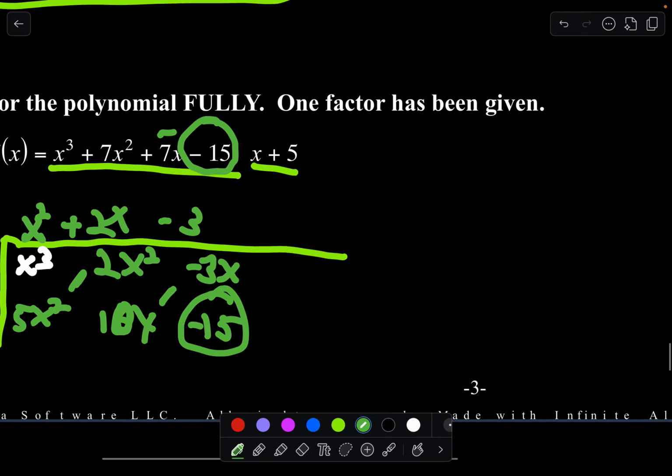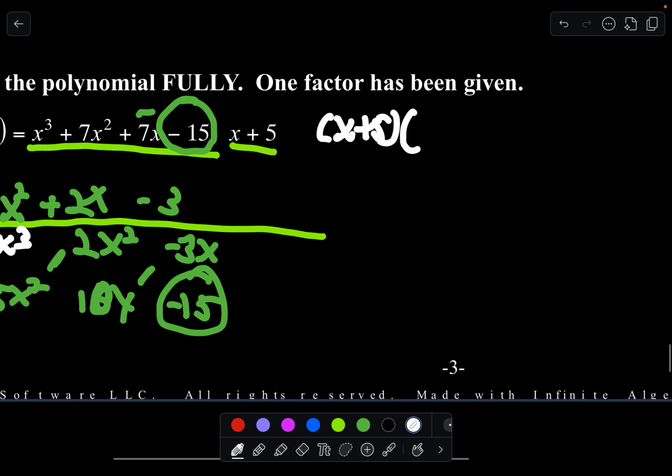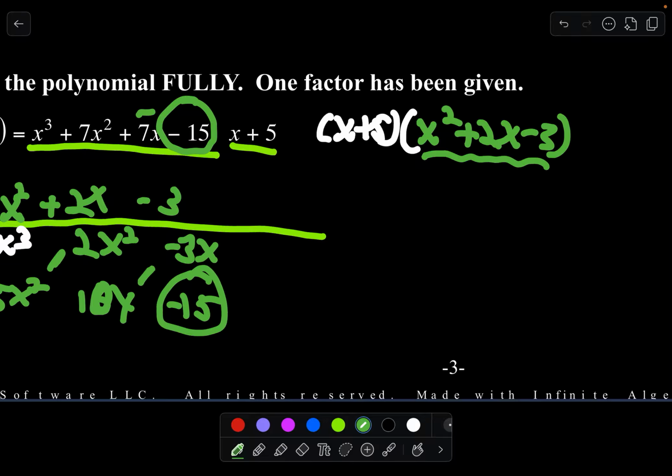All right, so now we got that this polynomial is going to be the x plus 5 that was given times x squared plus 2x minus 3. To factor fully, we're going to have to factor this quadratic right here, which is pretty straightforward.